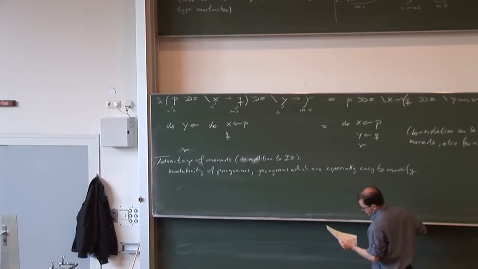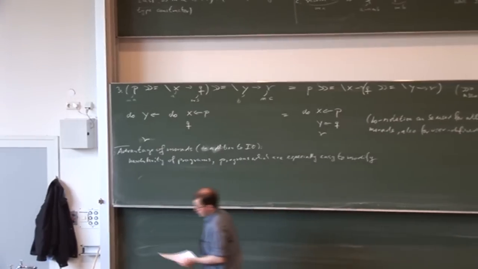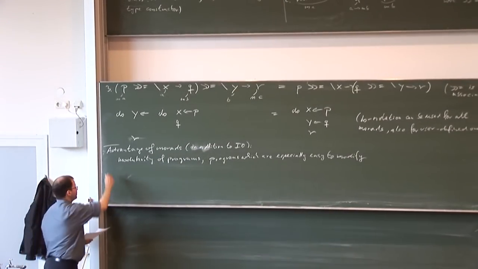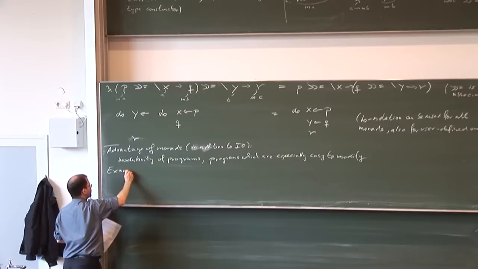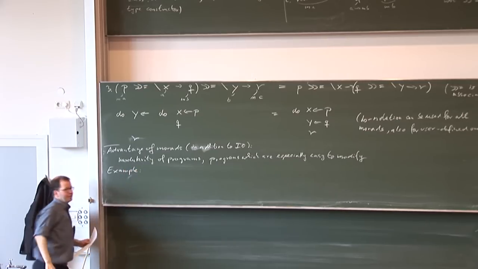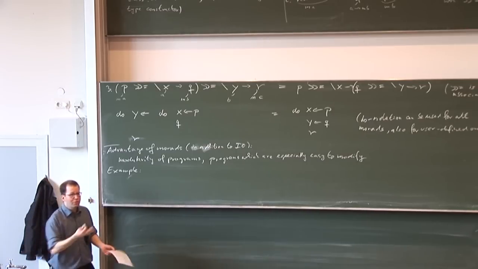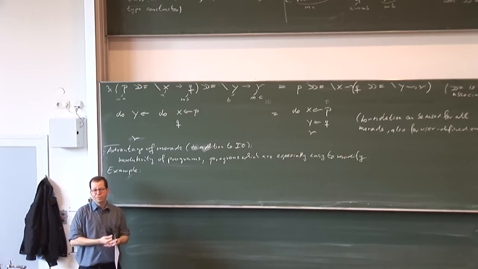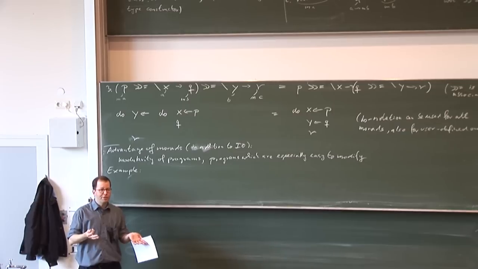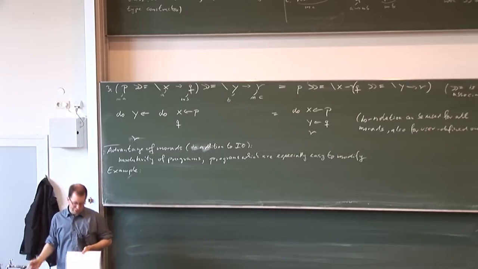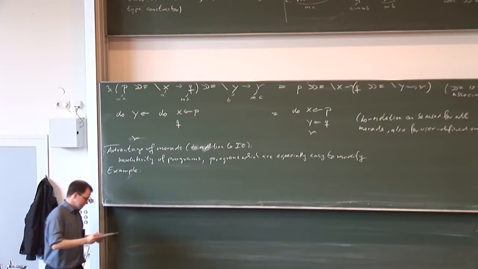I will try to illustrate this with an example. The example with which I want to illustrate this is we want to program something like a pocket calculator. So basically you want to evaluate terms, with arithmetic expressions like division or probably subtraction and multiplication and addition, and they should be evaluated.